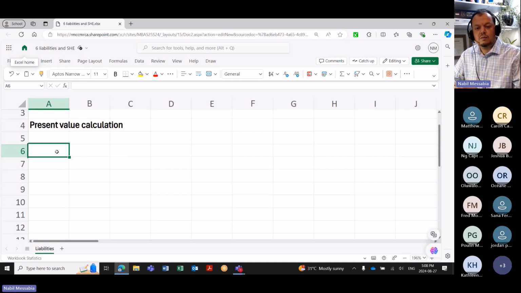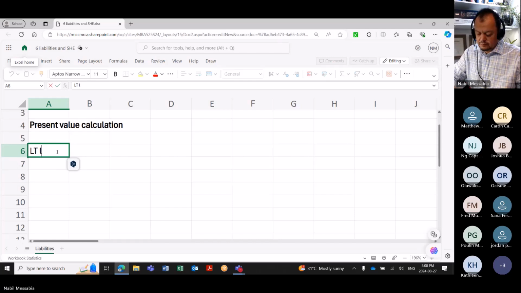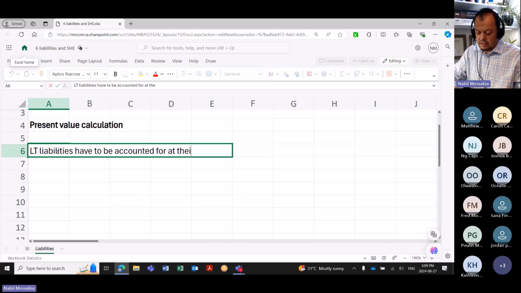If it is a long-term liability, then it has to be accounted for not at the future value, but at the present value. Okay, so long-term liabilities have to be accounted for at their present value.